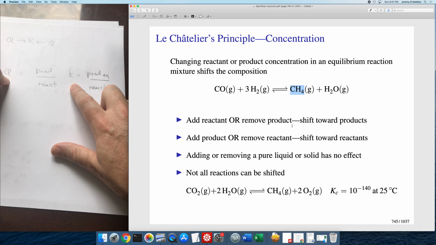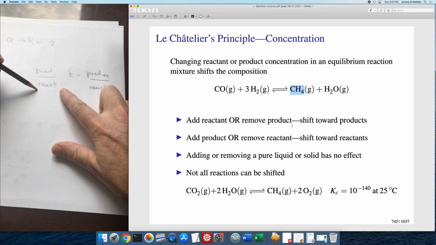In the case where you add in a product, you're suddenly changing the value of Q. It's no longer equal to K, and you're increasing its numerator, which means that Q is now going to be larger than K, and in order to get back to equilibrium, the reaction needs to go back towards the reactants.